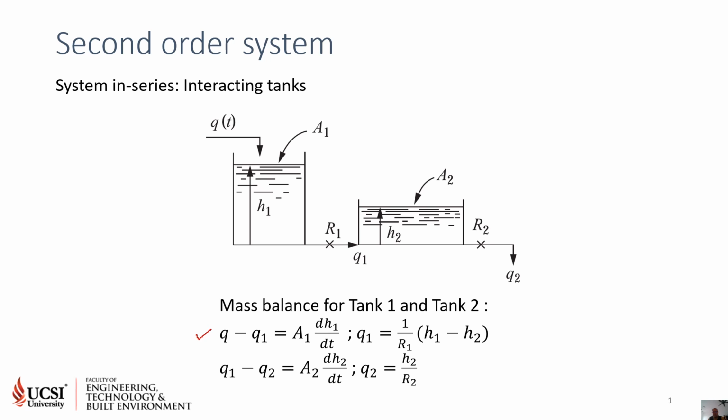These are the equations for tank 1 and these are the equations for tank 2. What I can see here is that H1 is larger than H2 from these equations. So we have to derive the transfer function for this system of series interacting tanks.